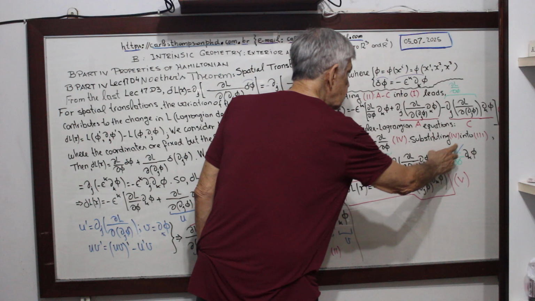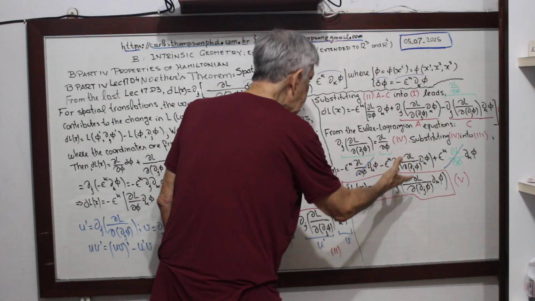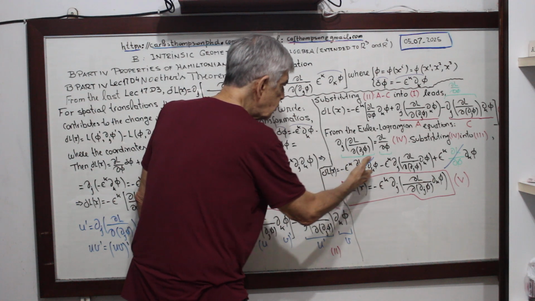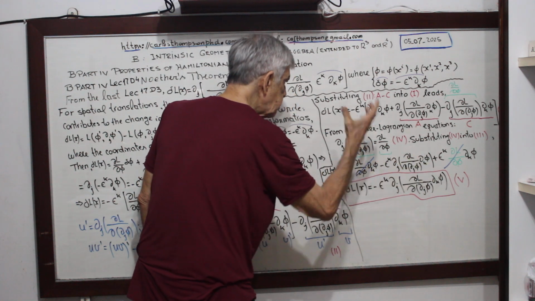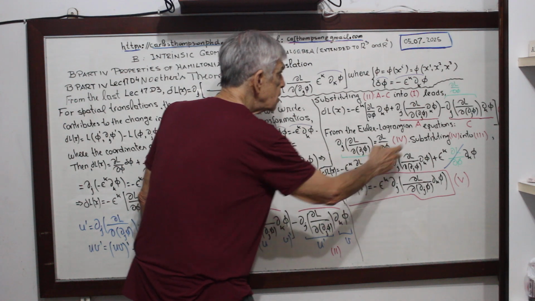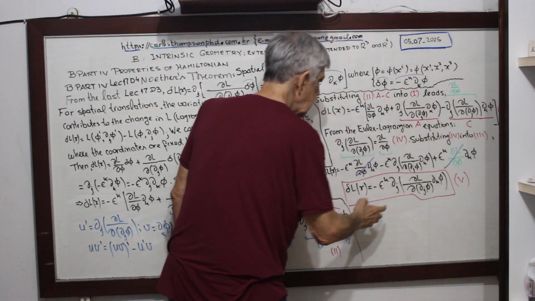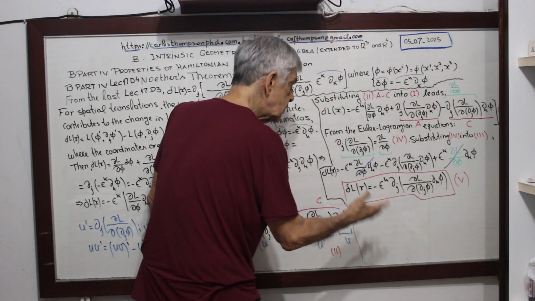Now substitute 4 into 3. This leads to, just copy, this relation here. I just plug in the green one over there. So it's quite easy.